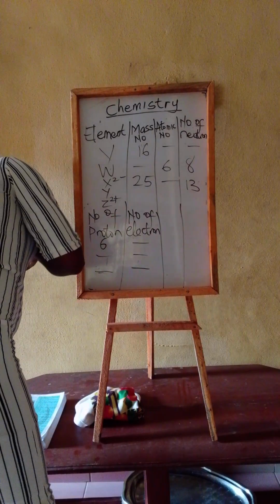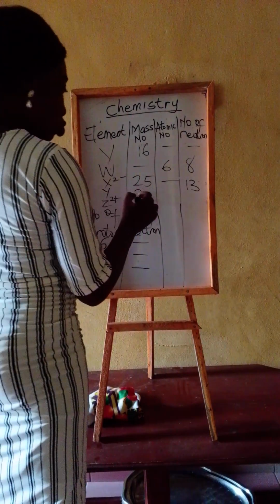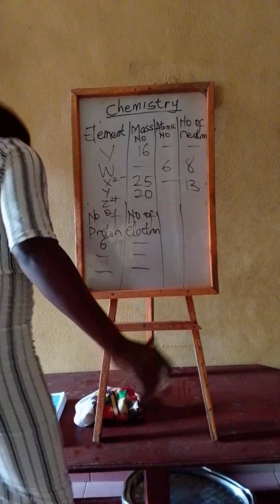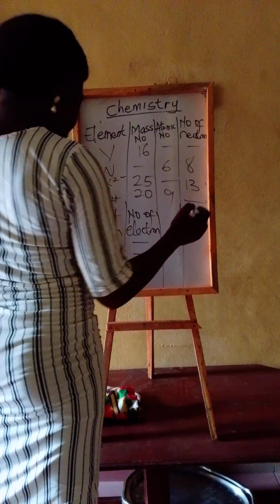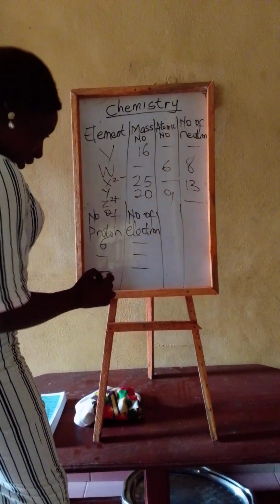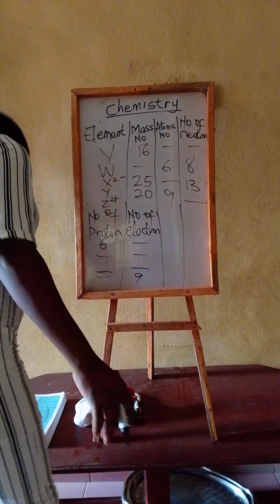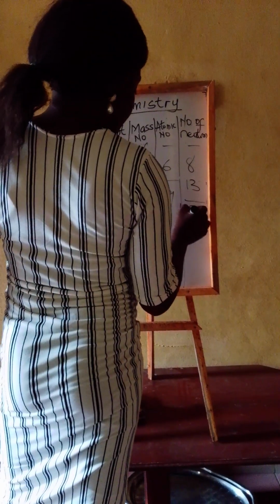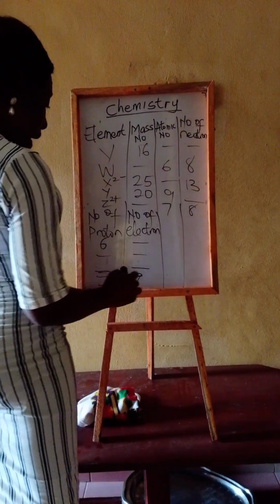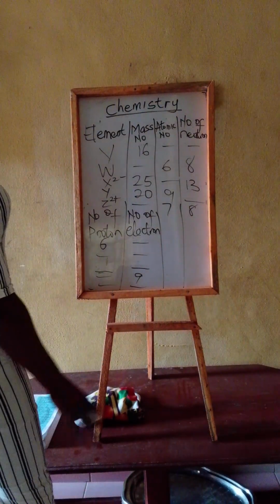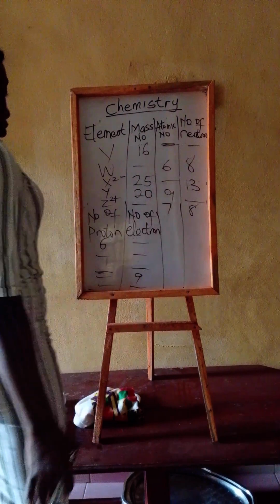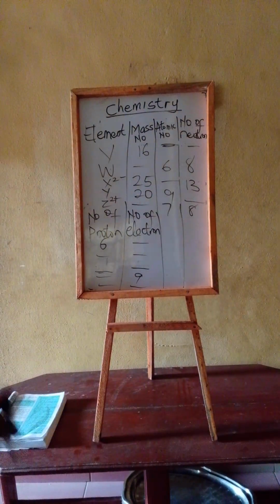Then we have Y, which is 29, dash, 9, and the last one is dash, 78, dash, dash. So we are going to look at all this, filling the gap, the empty space. We'll look at it one after the other.